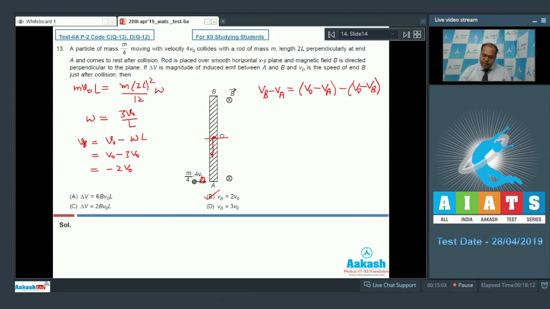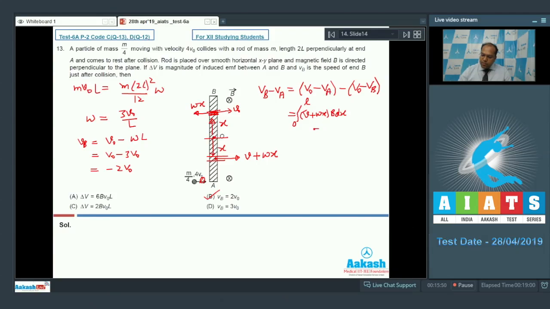If I take a small element at a distance x of length dx, which is moving in this direction with a velocity v plus omega x, then the induced EMF from O to A can be written as integral of (v plus omega x) into B into dx, integration from 0 to L. Similarly, if I take a small element at a separation x in this direction of length dx, its velocity in this direction is v0 and in this direction is omega into x.